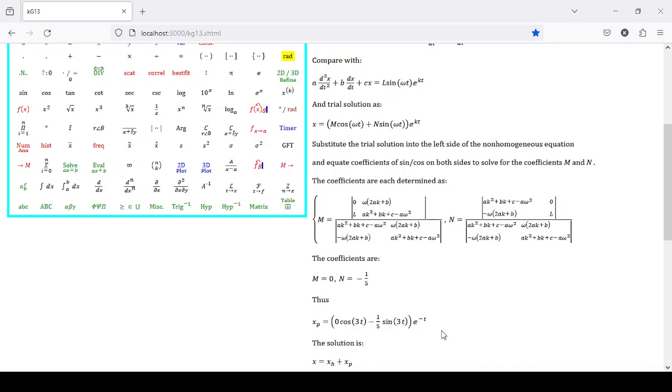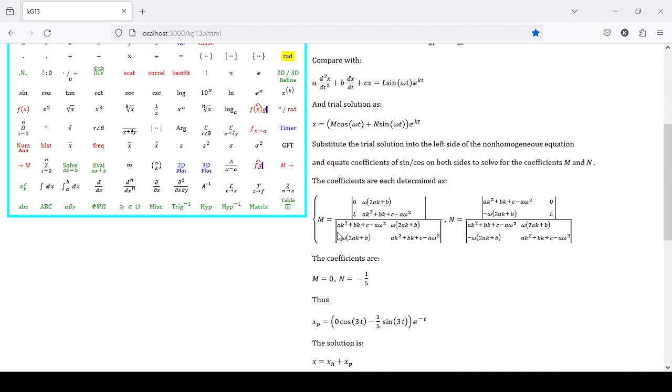Now before we go on, let us just pause here for a moment when we look at m and n. Have a look here at the bottom determinants. Here we have ak squared plus bk plus c.